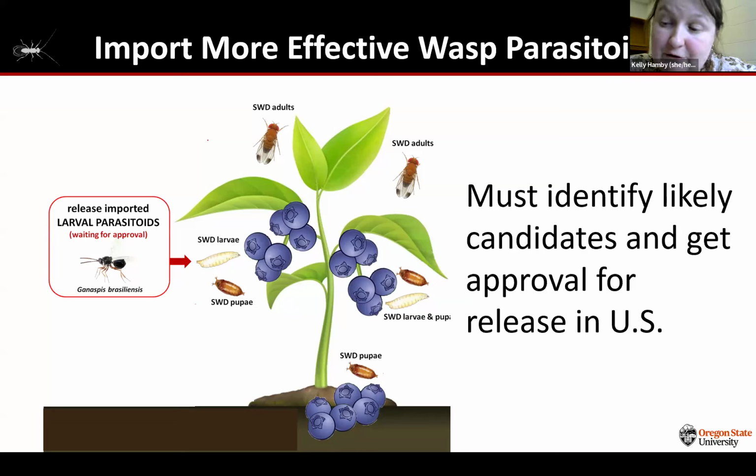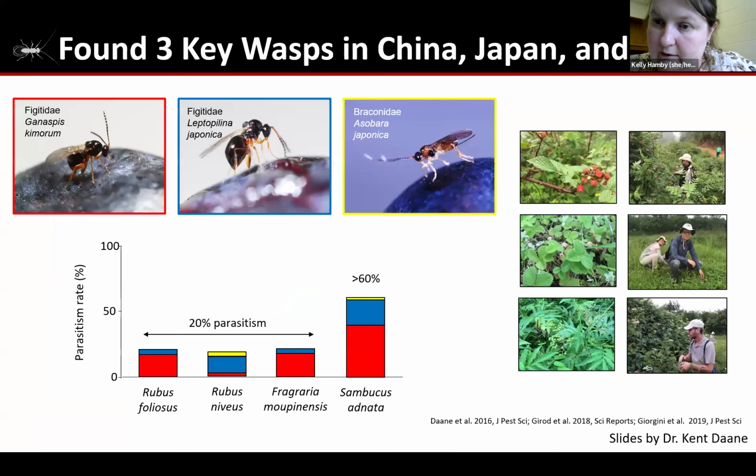There has been a lot of research into identifying likely wasp species that could control spotted-wing Drosophila, and lots of studies in the lab to figure out which one's best. For example, here they explored in China, Japan, and South Korea, and they found two figitid wasps and a braconid wasp that were parasitizing spotted-wing Drosophila in its native range.